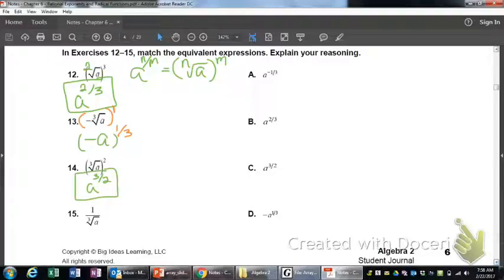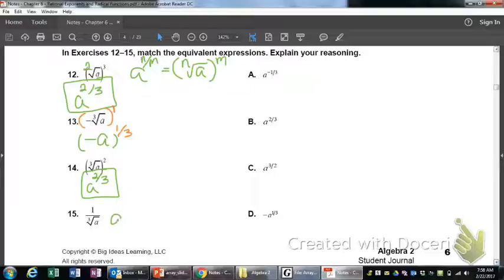Just like, no, I did that backwards. I'm so sorry. I apologize. Please ignore me. You have a to the 2/3. It's exponent over root. Exponent over root. And then in number 15, you have 1 over the cube root of a.